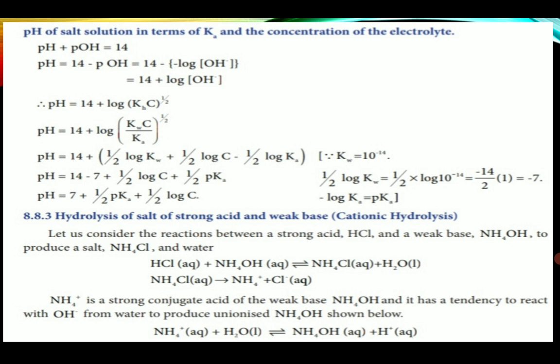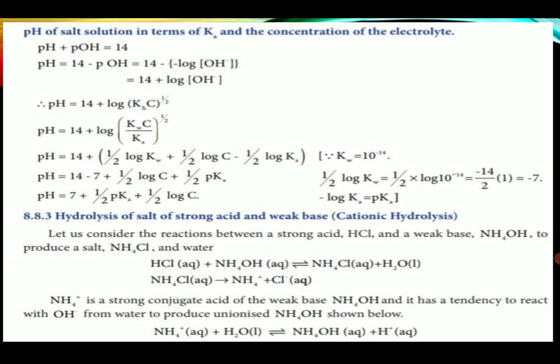Now you see the equation: NH4 plus ion plus water gives NH4OH plus H plus ion. So H plus ions are left over. They are not hydrolyzed. Therefore the hydrogen ion concentration is more when compared with the hydroxyl ion concentration. Therefore the solution is acidic, and the pH value will be less than 7.